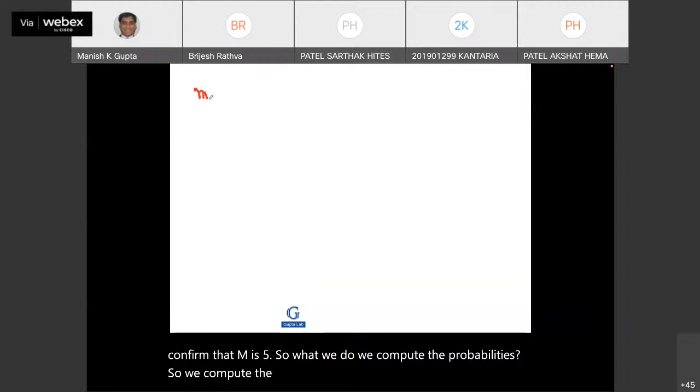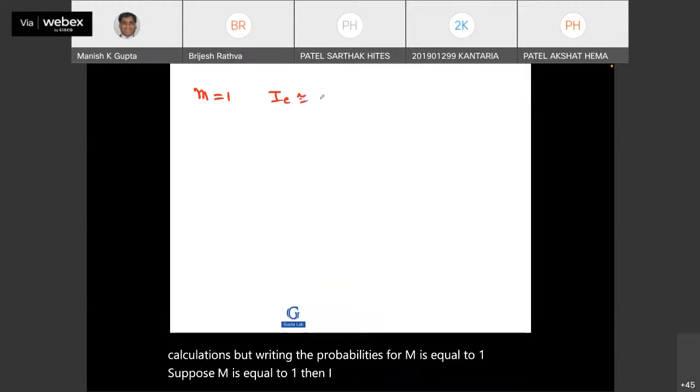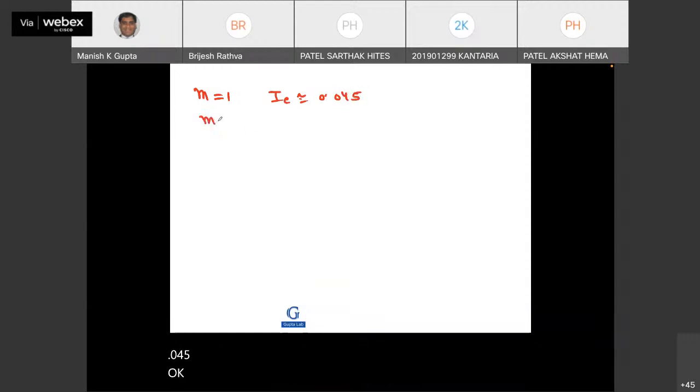I am not doing the calculations, but writing the probabilities. Suppose m is equal to 1, then IC turns out to be 0.045 in the substrings method.